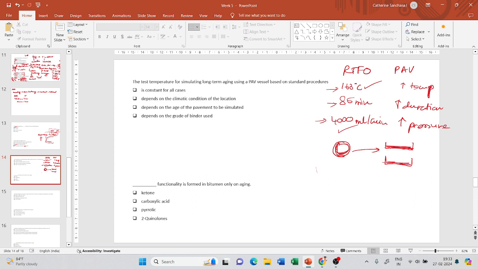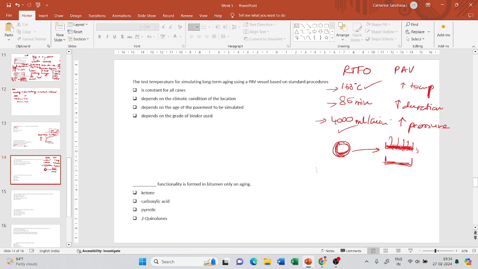Now, not only this top portion has to be oxidized, the entire layer of bitumen, the entire thickness has to be oxidized, right? And this can be done by subjecting it to a high pressure so that oxygen molecules get diffused into the layers and oxidation takes place.